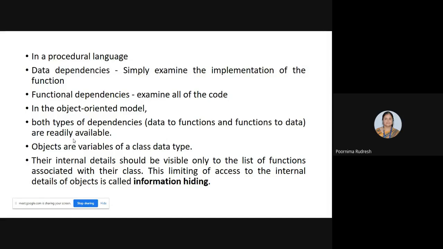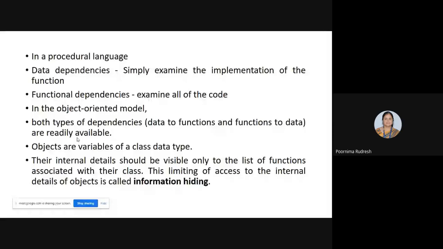Clear? Any doubt in the data dependency and the functional dependency? We find the data dependencies by examining the implementation of a function, and the functional dependency by examining all of the code that includes the functions of the data. Understood?